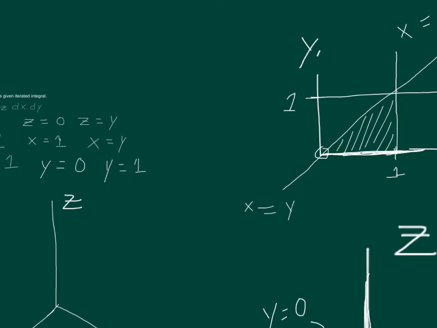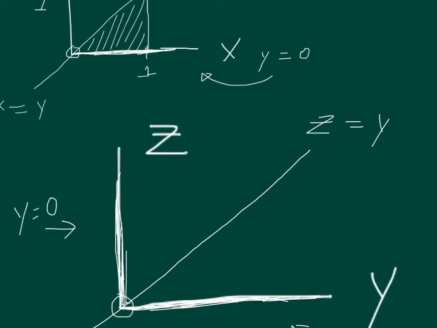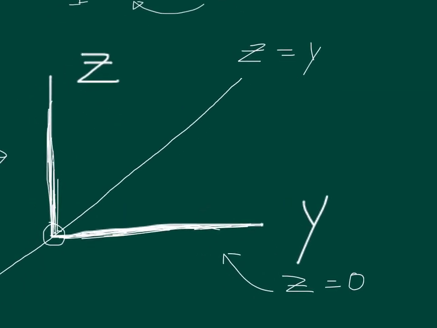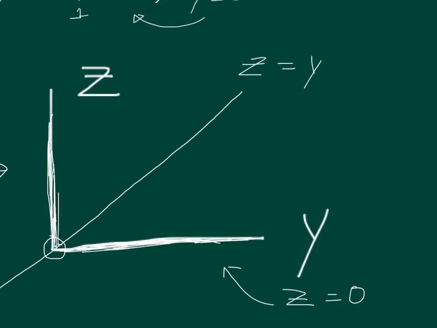So last but not least, we have y is equal to positive 1. So we go back down to our zy plane, and we say, this point here is a value of y is equal to 1, and the equation y is equal to 1 would be a vertical line extending upward from the y value of positive 1.